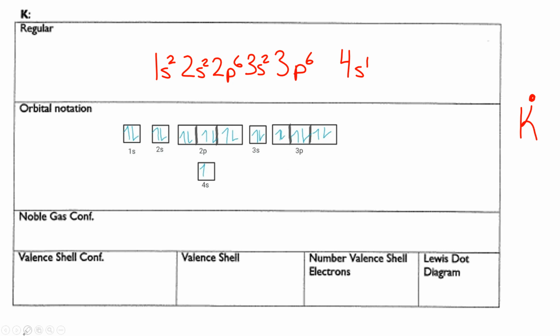So that's a down and an up like that. Yes? For orbital notation, you have to put 1s, 2s, 2p. I do that just to help me know what I'm filling at that point.